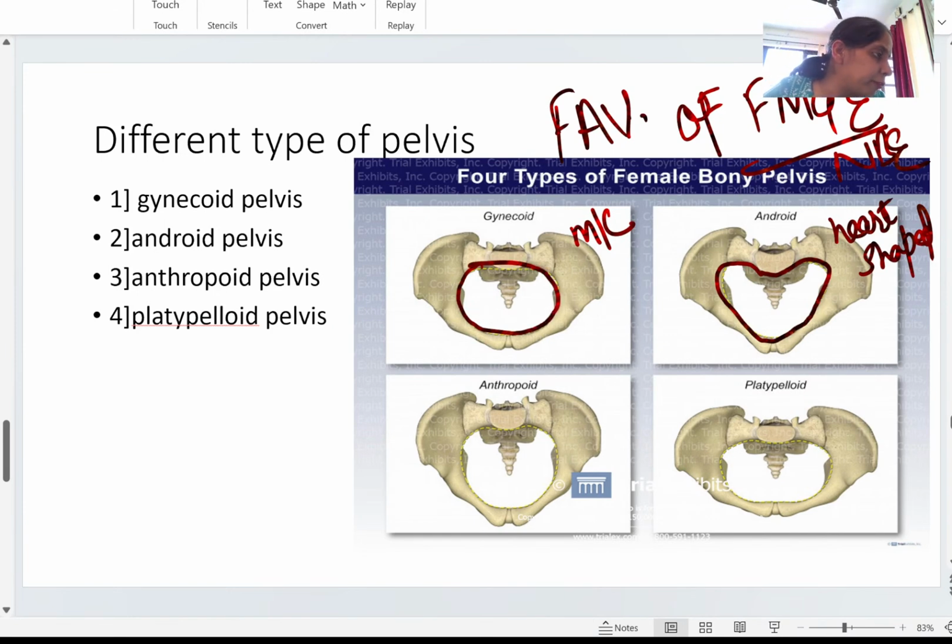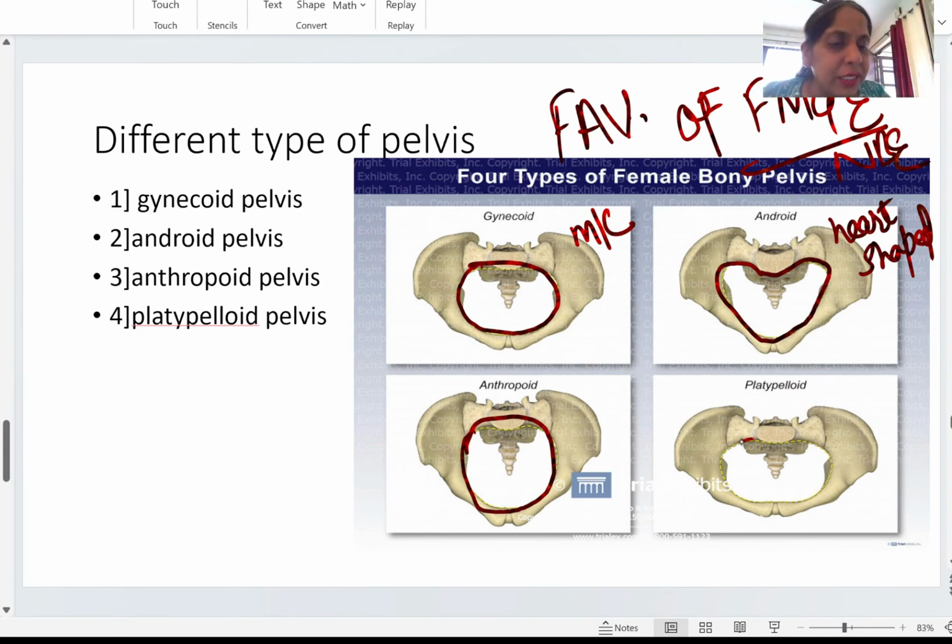These are the shapes of the inlets. Yes, it is a slight oval inlet. Very good. What is the shape of the anthropoid pelvis? It is antero-posterior oval. These days they are giving images in the exam and asking you the pelvis type.